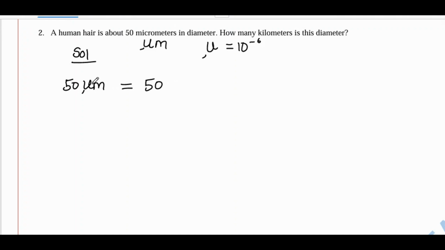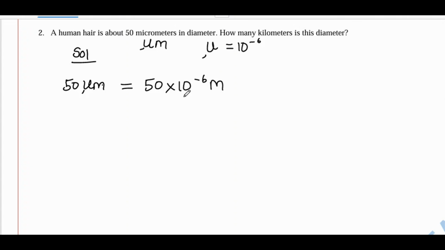We substitute the mu with its factor, 10 power negative 6. Then m remains, meters. And then how many kilometers is this diameter?